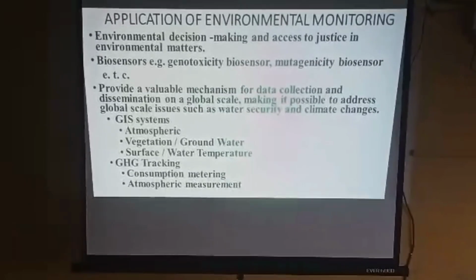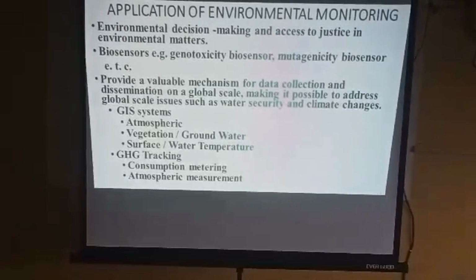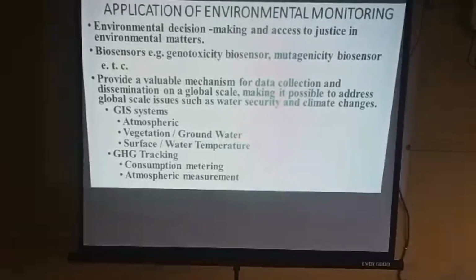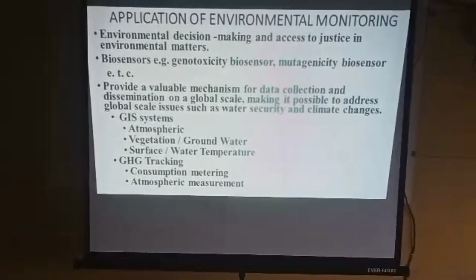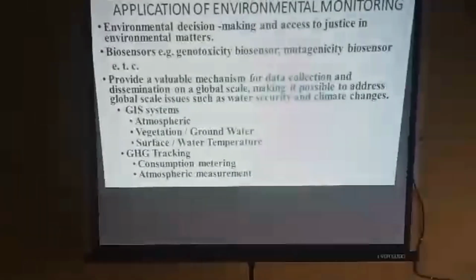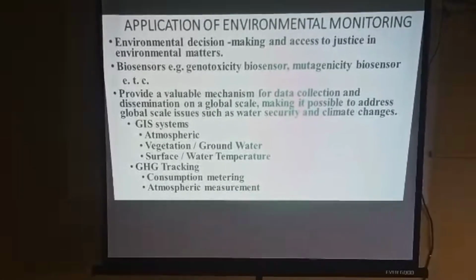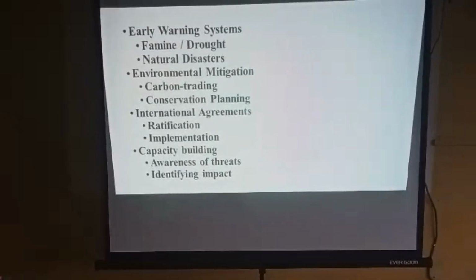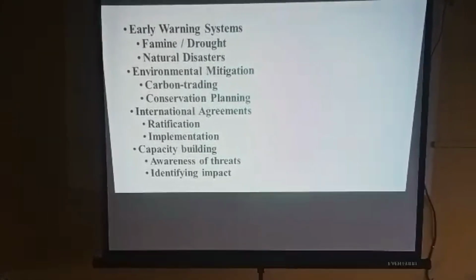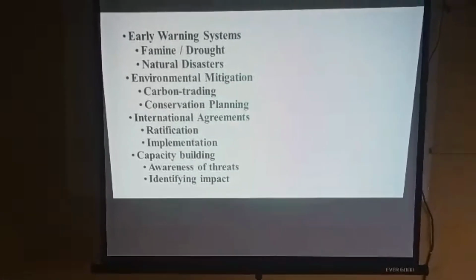atmosphere, the vegetation, and groundwater, surface and water temperature. Then we have GHG tracking, which is greenhouse gas tracking, which consists of carbon dioxide and other toxic gases, involving consumption metering and atmospheric measurement. Another application is early warning systems for famine, drought, and natural disasters.